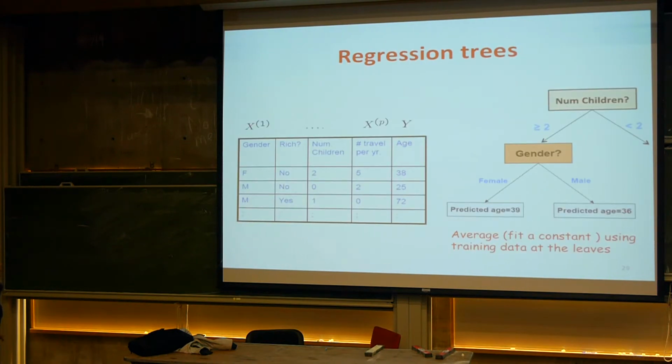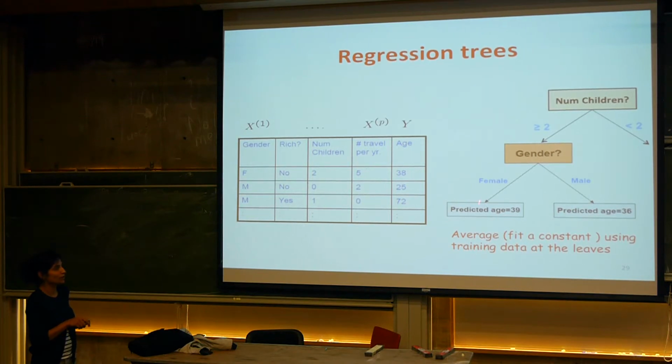So here's one example of regression trees. Here the data is, say, instead of predicting whether a person cheated or not, you are trying to predict their age based off of things like their gender, whether they are rich or not, number of children, how many times they travel per year, and so on. And here's a tree you could possibly learn. You split on number of children being bigger than or less than 2, gender, and essentially the predicted ages.